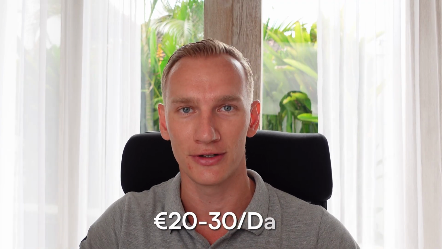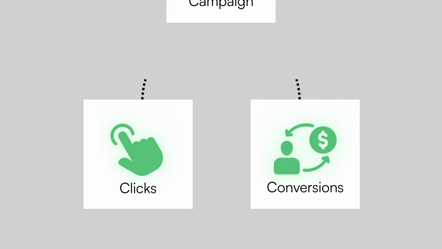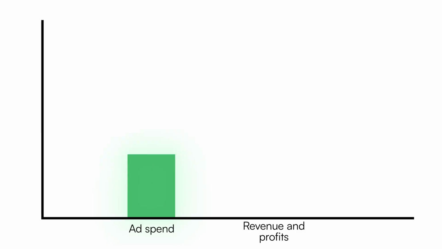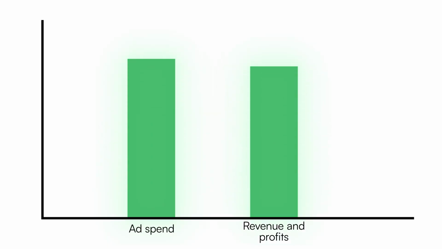As this video is called a Google Ads strategy for every budget, it's totally up to you what you select here. But I would highly recommend to try to go between 20 and 30 euros per day, for example, because at the early stage we are going to drive clicks and conversions from the campaign we are creating together here. At the moment we know exactly what products you are selling in your store, we can optimize down the line for giving these products more ad spend, so you can generate more revenue and profits, right?